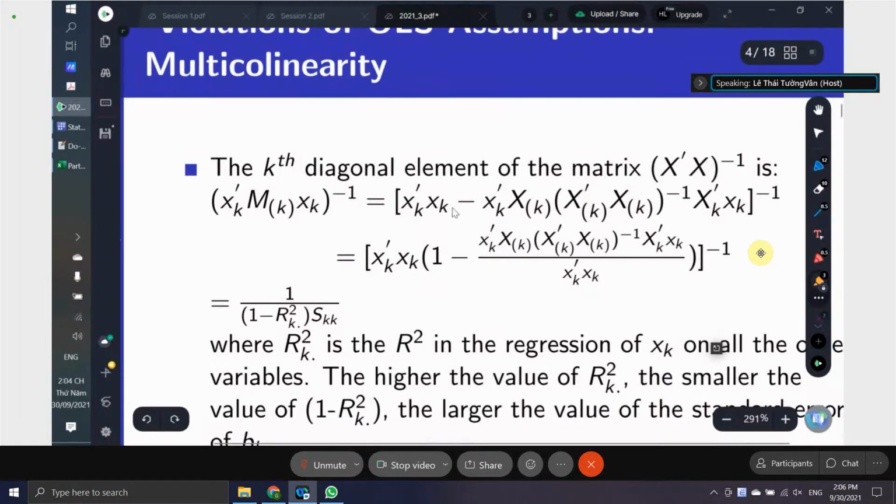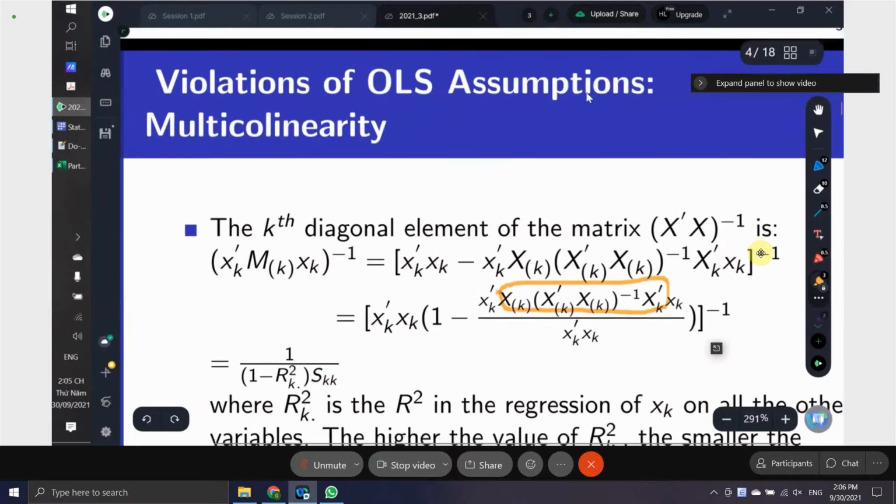And it is equal to Xk prime Xk minus this one. If you factor out Xk prime Xk, inside you would have 1 minus this one. And what is the name of this matrix?